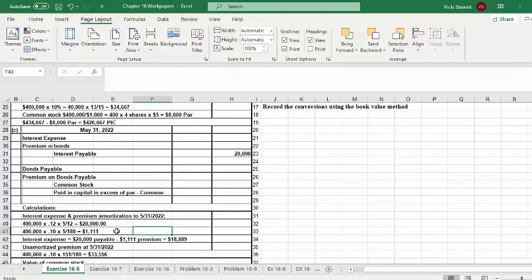And we're trying to get the amount of the premium amortization for 5 of those. So we're going to take the face amount times 10% times 5 divided by 180, and that gives us $1,111 for the premium amortization. So the interest expense would be the difference, $18,889.